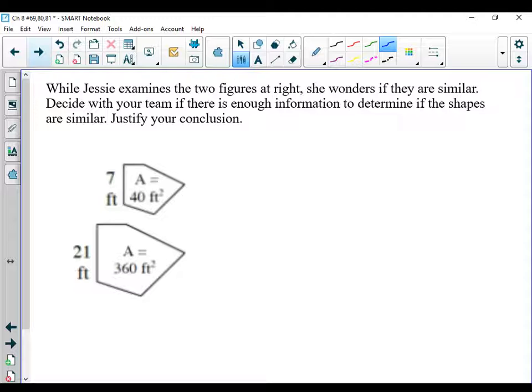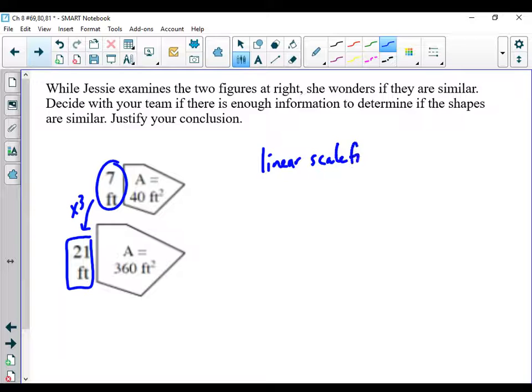All right, let's check and see what you came up with. If these are really similar, a couple things should be happening. First of all, there should be some sort of zoom factor. If they really are similar figures, my zoom factor for this one must have been multiplied by 3. In other words, I have a linear scale factor equal to 3.